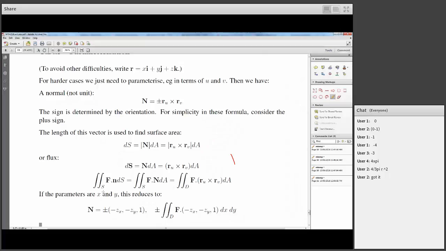So a flux integral can really be thought of as F dot bold N du dv. Now, as I said, you have to worry about the sign. N might be plus or minus in reality, so you have to be careful with it.